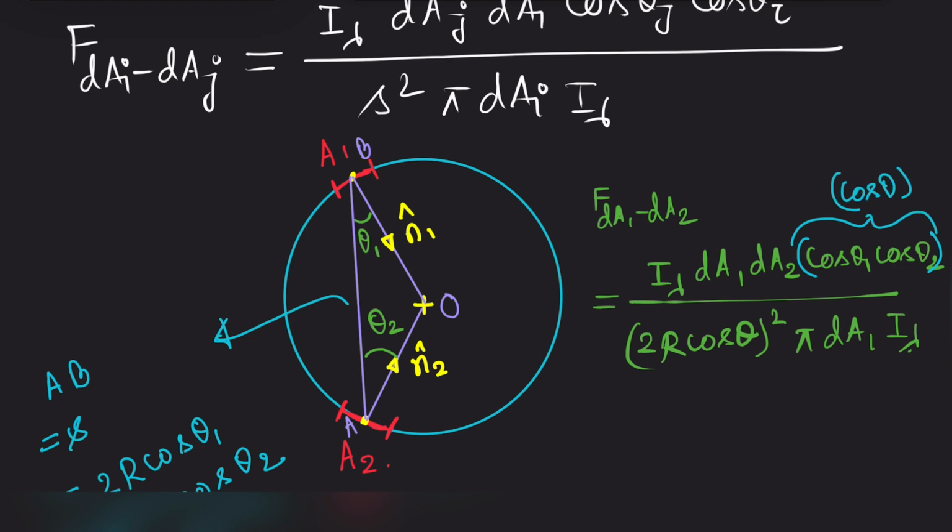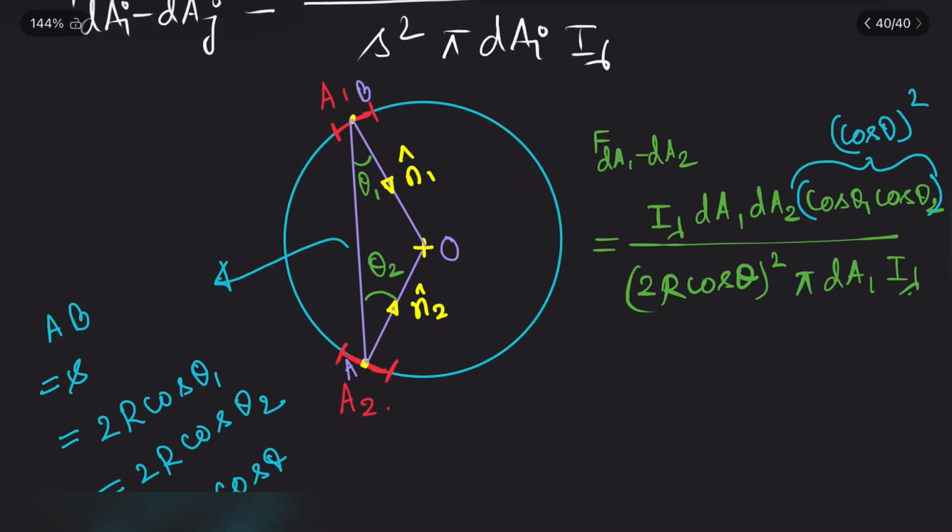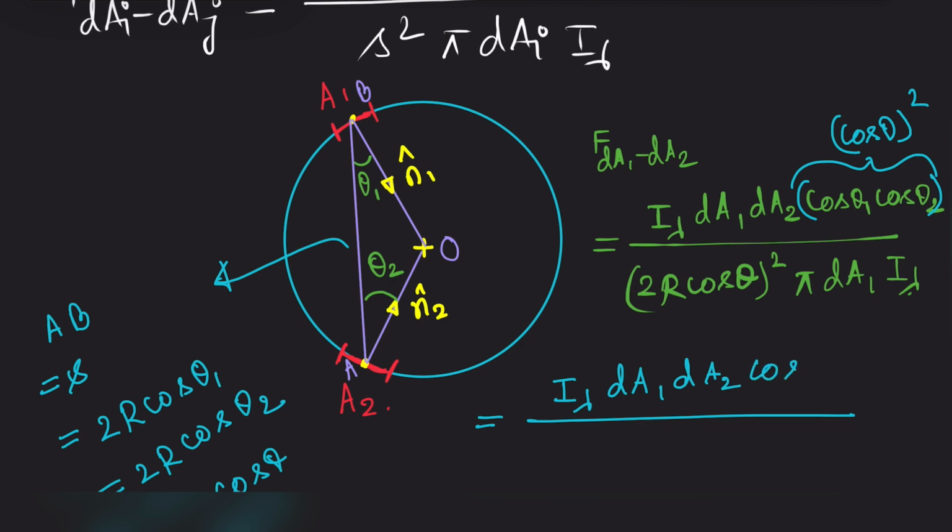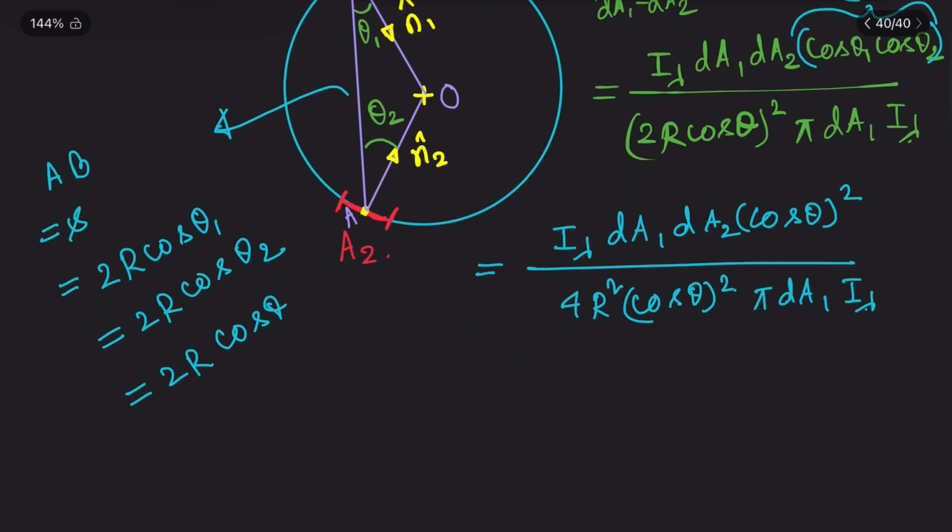So this equation will boil down to dA1 dA2 cos theta square, then 4 r square cos theta square, pi dA1 I lambda 1. Which things are for sure constant here? Pi is a constant here.